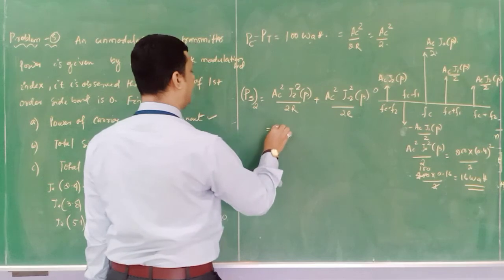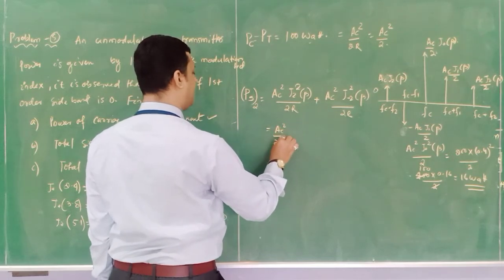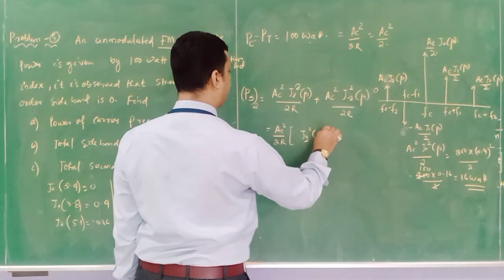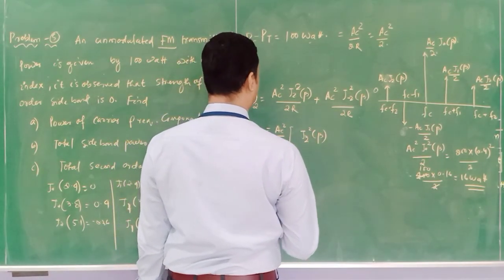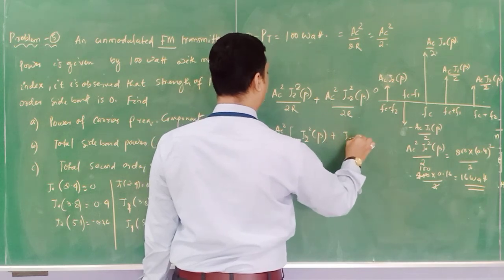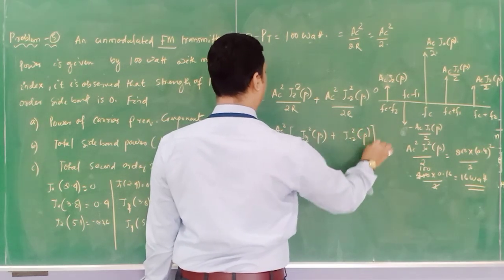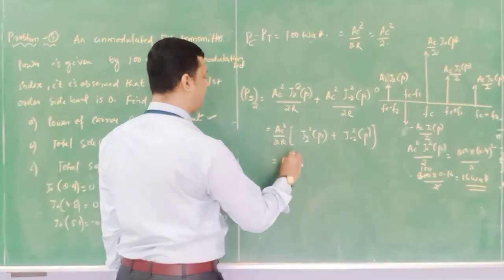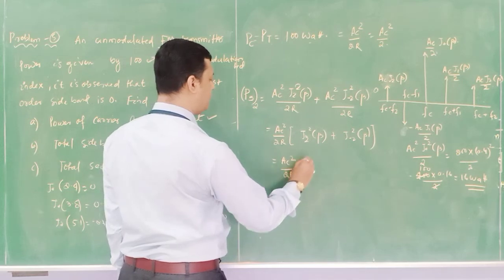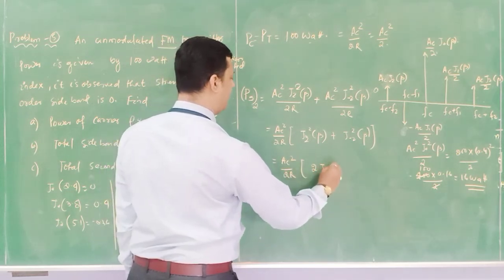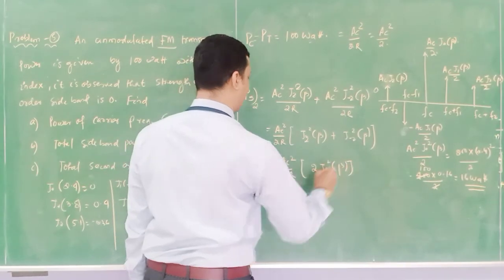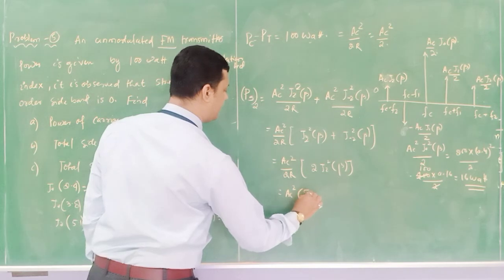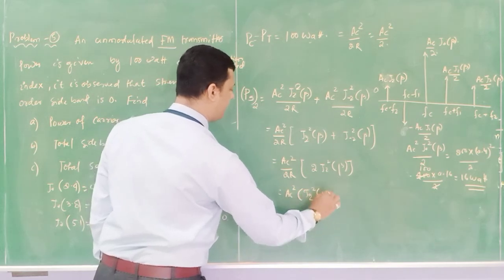Here we can take Ac square divided by 2R common, and J2 square of beta plus J minus 2 square of beta. As we know that the power content in these two is the same, so here I will write Ac square divided by 2R twice J2 square of beta. So the 2 will be cancelled out, so it is Ac square into J2 square of beta.